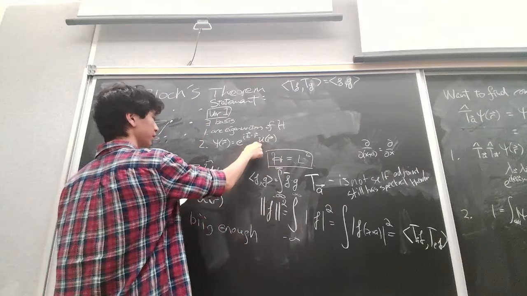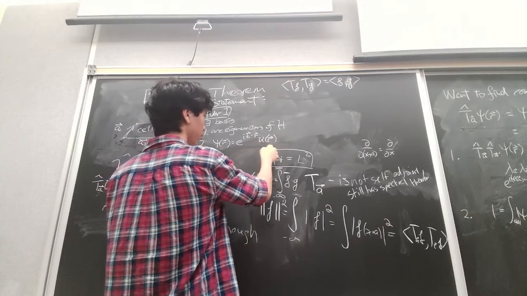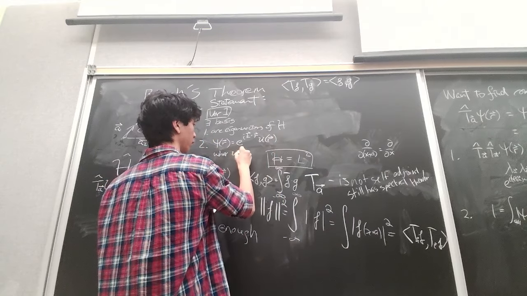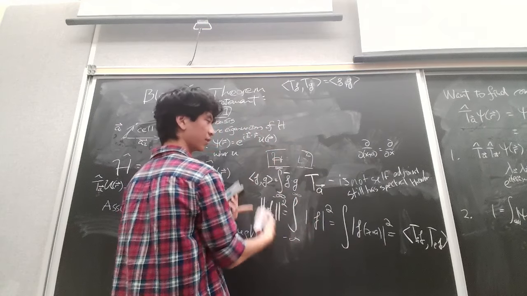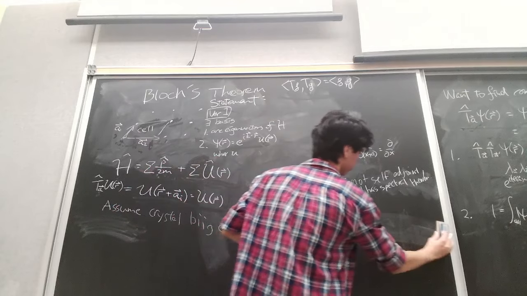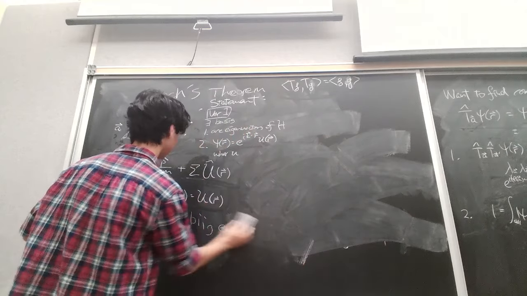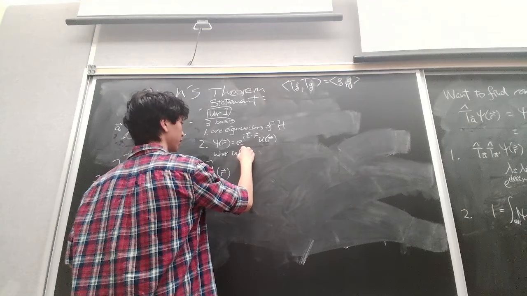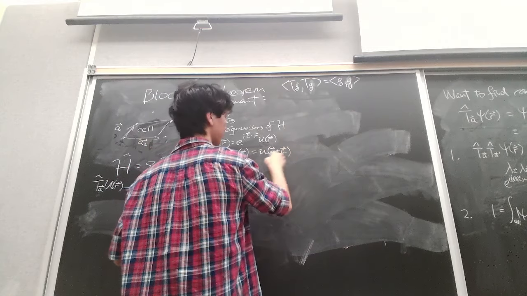This is capital U, this is lowercase u. It can be written into this form where U is strictly periodic, which means this one equals whatever crystal translation we have.